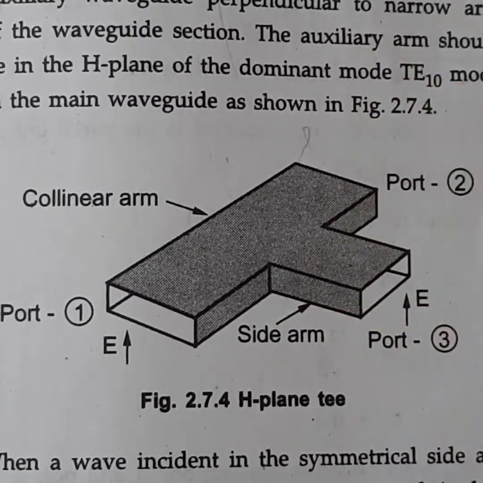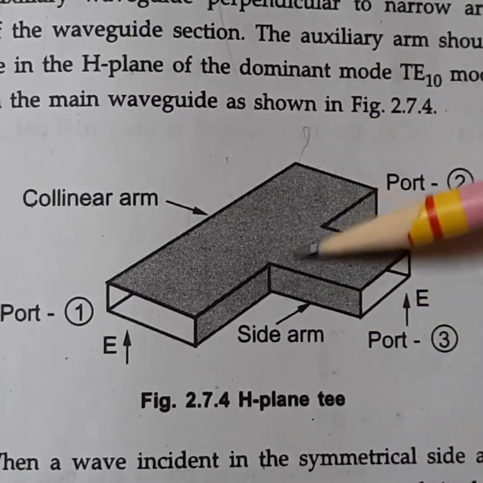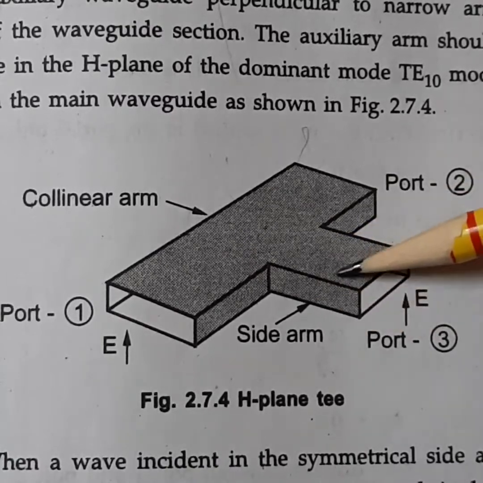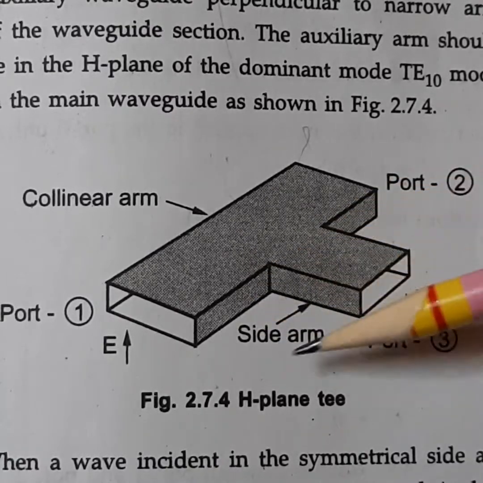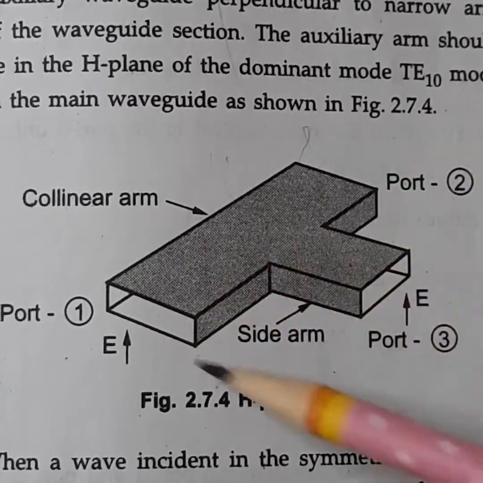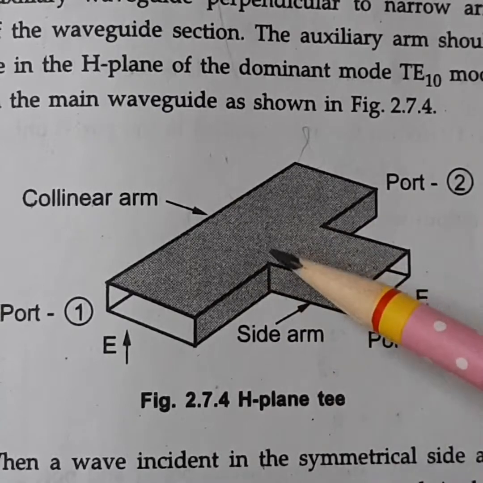Okay, this arm is called the auxiliary arm, and it should lie in the H plane of the dominant mode TE10 in the main waveguide, as shown in this figure.